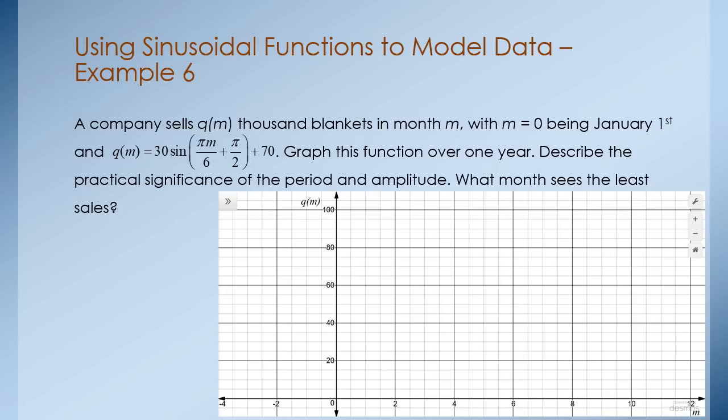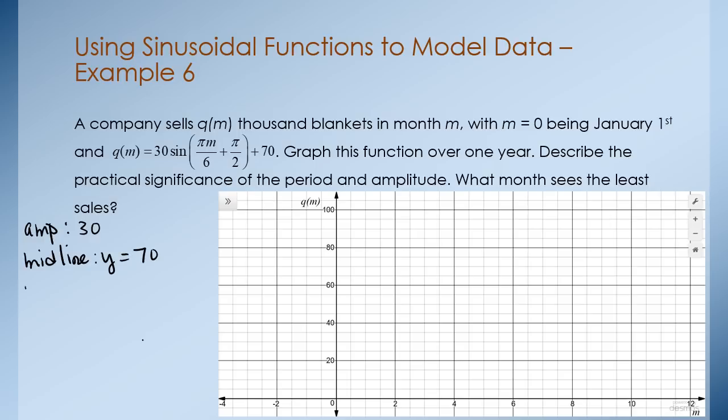In preparation for doing this, I do want to answer a few questions because the first thing was to graph the function. And so like you've seen us do before, we want to identify our key features. What is the amplitude? The amplitude is 30. That's the number on the outside of the function that's being multiplied. The midline is y equals 70.